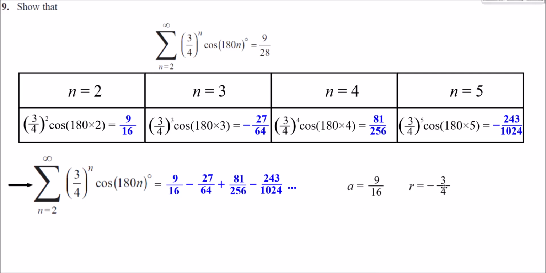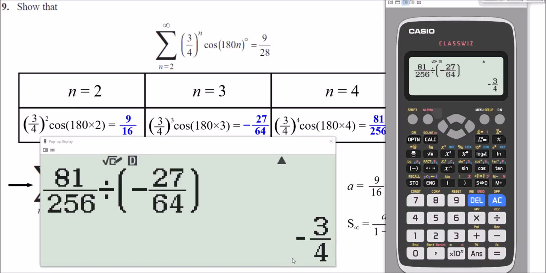Now this is in the formula book: the sum to infinity is the first term divided by 1 minus the common ratio. So plugging in these values, the sum to infinity will be 9/16 all over 1 minus 3/4.